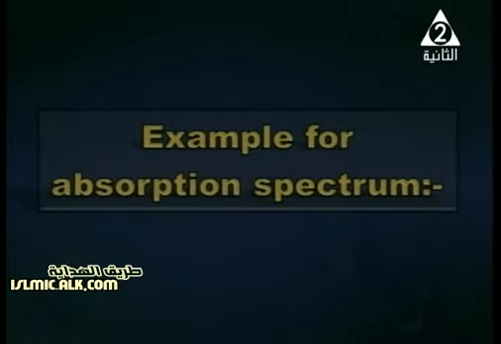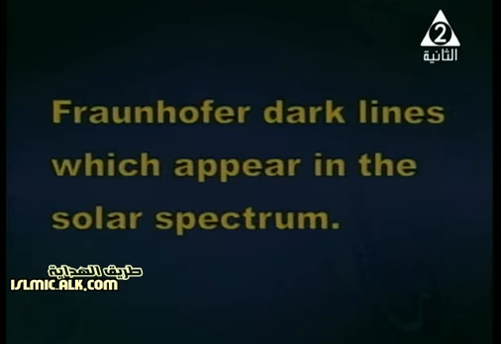Example for absorption spectrum: Fraunhofer dark lines which appear in the solar spectrum. This is a very important piece of information. Fraunhofer dark lines are an example for absorption spectrum. They appear in the solar spectrum.